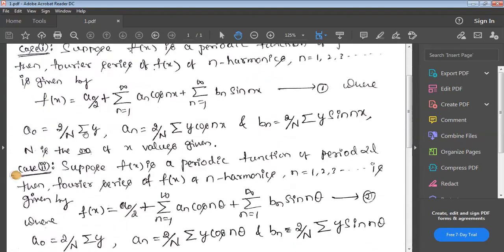See this: summation y, summation y cos nx. So n is 1 means y cos x, n is 2 means y cos 2x, like that, y sin x, y sin 2x, etc. will come.